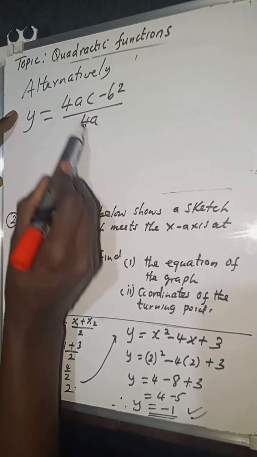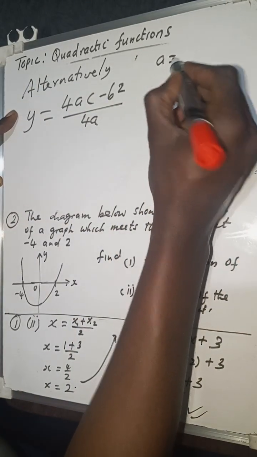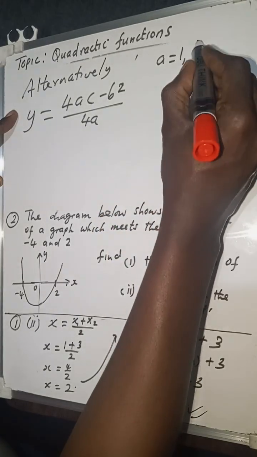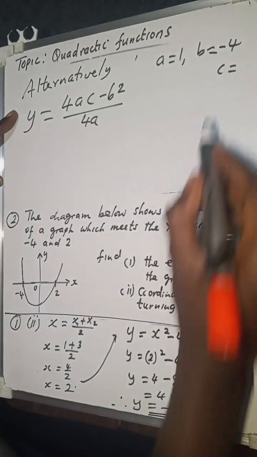But where are we getting the a and the b? It's from the equation that we were given. Remember, our a is simply 1, our b is simply negative 4, and our c is simply 3.